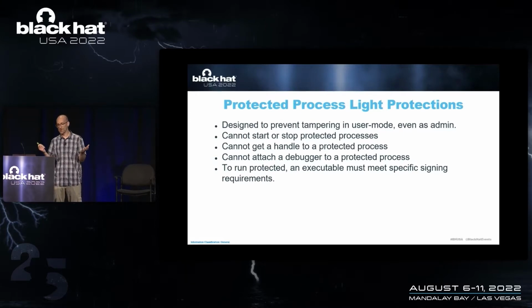They're really hard to troubleshoot if you don't have all the right signers in place to debug these things in a legitimate scenario. And in order to run protected at the anti-malware-light level, which is what we're going to be talking about today, the executable must meet very specific signing requirements. We'll get into very explicit detail about what those signing requirements are and how we can possibly take advantage of them.